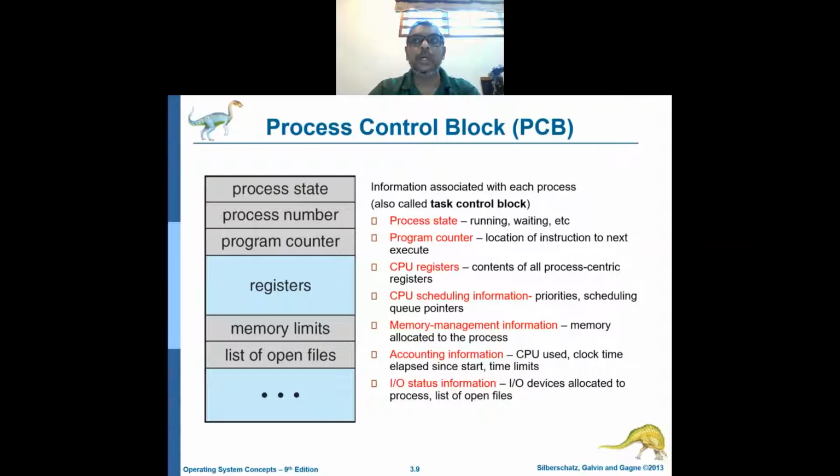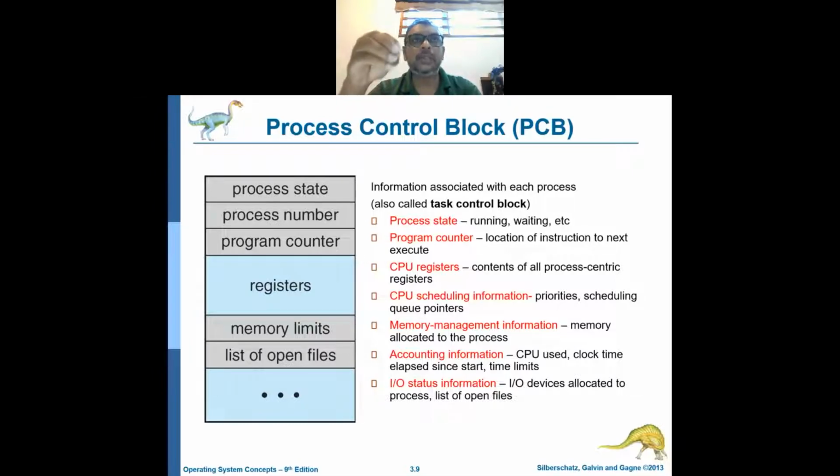Next we go into the process control block. What is a process control block? It is how each process is identified. Each process has something called a PCB, so if there are 5 processes, we have 5 PCBs.